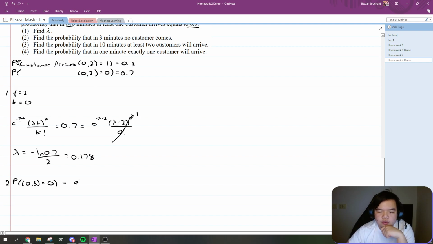So we're just going to write exponential of negative lambda t, and we know that lambda is 0.178, so e to the negative 0.178 times 3. You want to bust out your calculator. It should give us about 0.59.